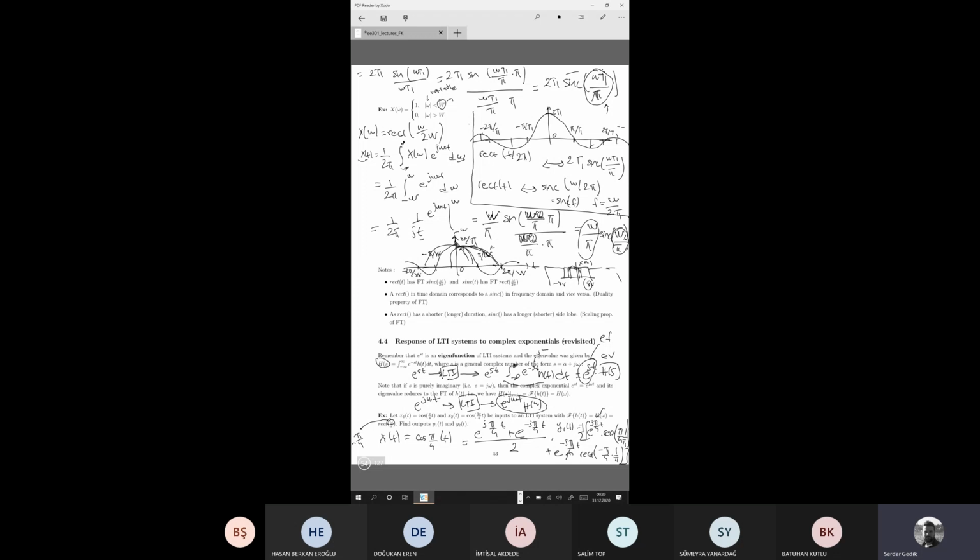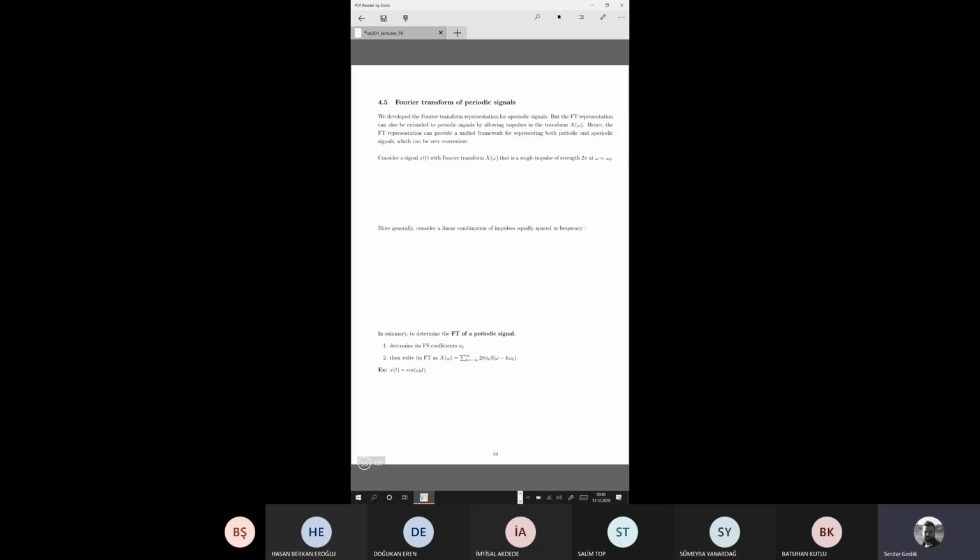So that's it. If you go and evaluate the terms, this is equal to 1 over 2 e to the power j pi over 4 t times rect of 1 over 4, plus e to the power minus j pi over 4 t times rect of minus 1 over 4. Do you remember rect t? What was rect t? It was 1 in between plus minus 1 over 2.